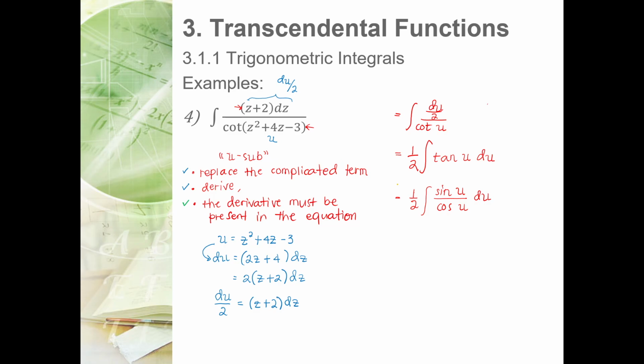Okay, so here, let u be cosine. So instead of u, let's try using another variable because again we are now using the u variable.